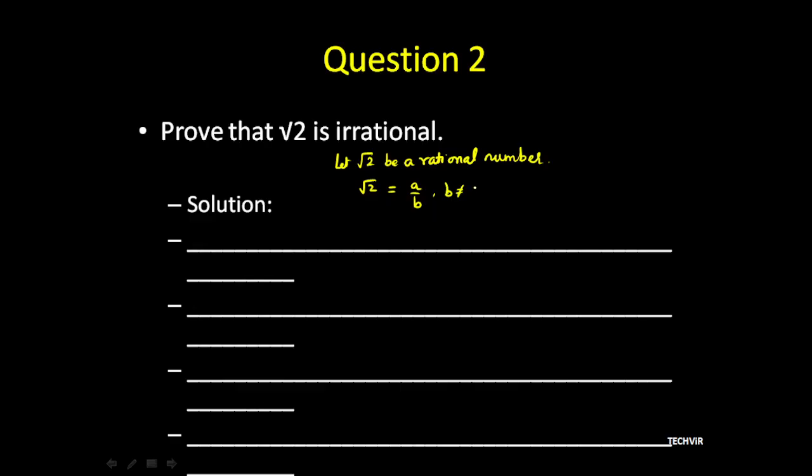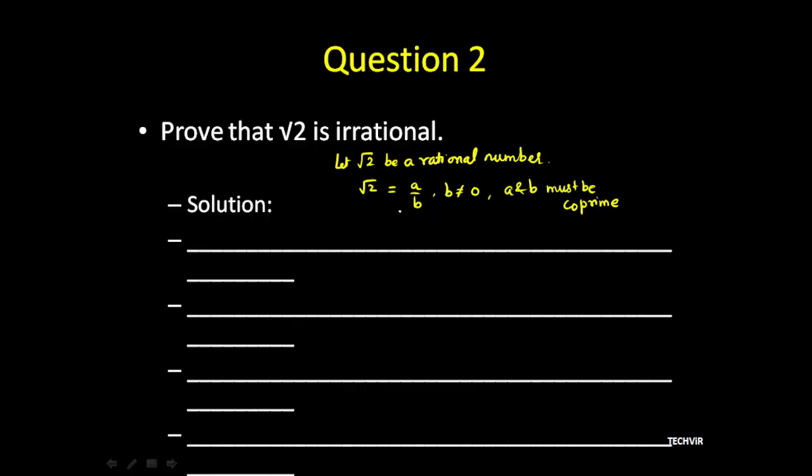We should write it over here, b must not be equal to 0. One more thing which we must mention over here, that a and b must be co-prime. They must not have common factors except 1 between them. Okay, so a and b must be co-prime, only then is this a upon b a rational number.